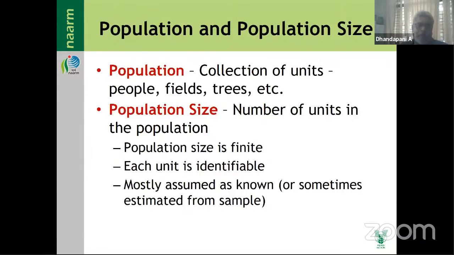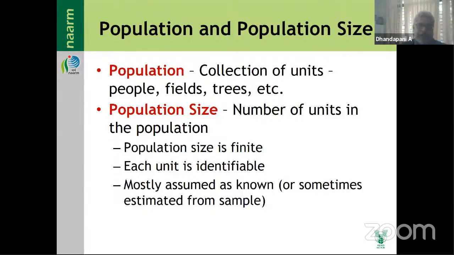Now, before we move on to the selection method, there are a few things we have to be clear about when you talk about the sampling technique. So we have a population. A population is a collection of units. The population size is how many units are there in the population.